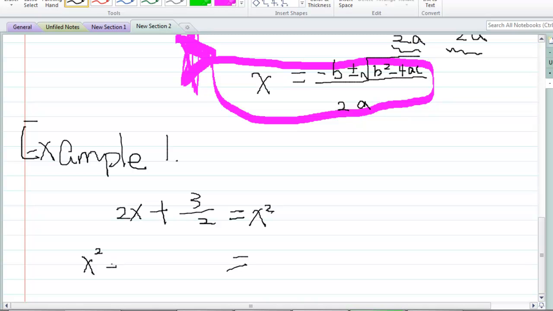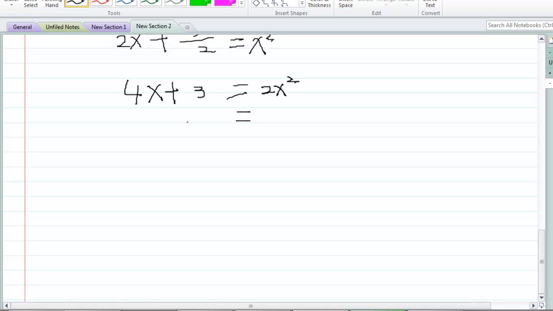Let's get rid of the fraction first. We don't want anything in the denominator. So we multiply by 2: we have 4x plus 3, and then we get 2x squared. That just helps us simplify our calculation later on.